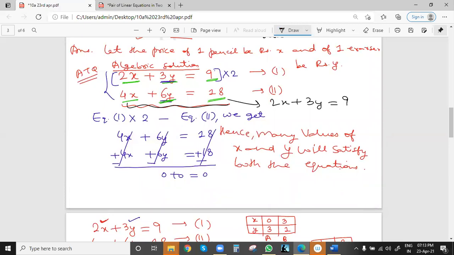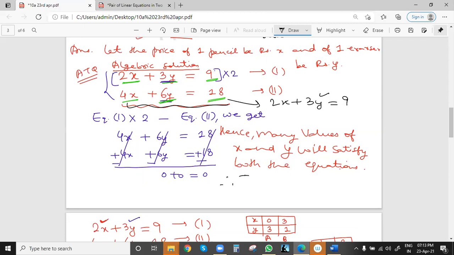So that's why we can take any value of x, y, and it will be satisfied for both equations, because both equations are same. If you take x0, y will be 3. If you take y0, x will be 9 by 2, 4.5. So many values of x and y will satisfy both the equations.